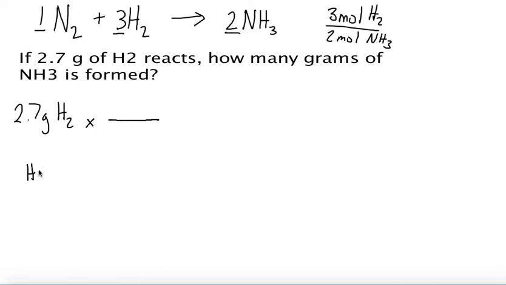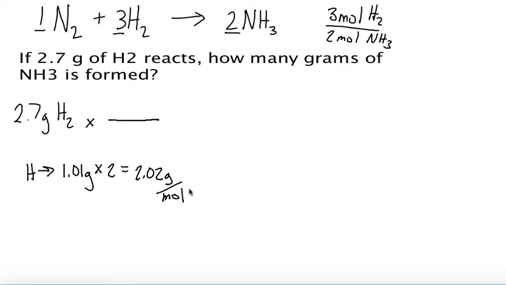Well, hydrogen, we just saw in the periodic table, is 1.01 grams per mole, okay? But there's 2 of them in here, so I'm going to multiply that by 2. That means the molar mass of H2 is 2.02 grams per mole. And again, remember, that means that for every 1 mole of this, it is 2.02 grams.